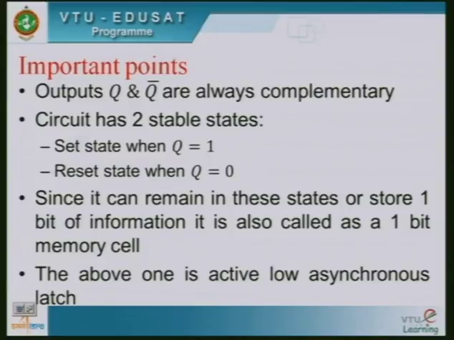So, since it can remain in these states and store one bit of information, whatever is the value of Q, we can call it a 1-bit memory cell. This S bar R bar latch what we have studied is also called a 1-bit memory cell, and what we have done now is an asynchronous latch because there is no clock signal or enable signal, output changes in response to the inputs immediately. So it's an asynchronous latch.